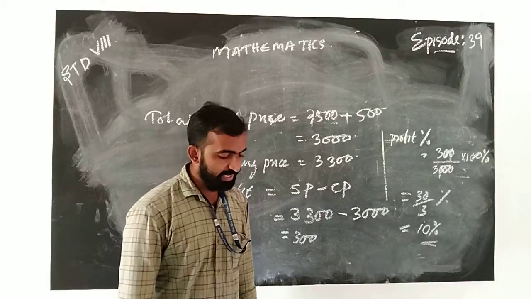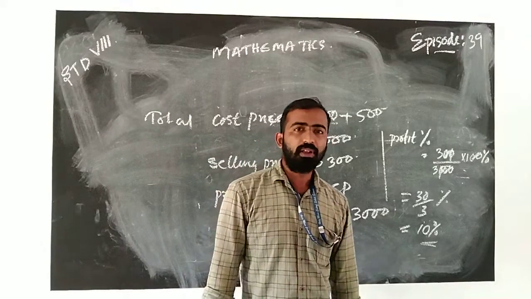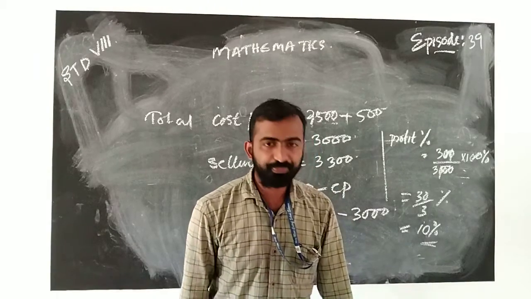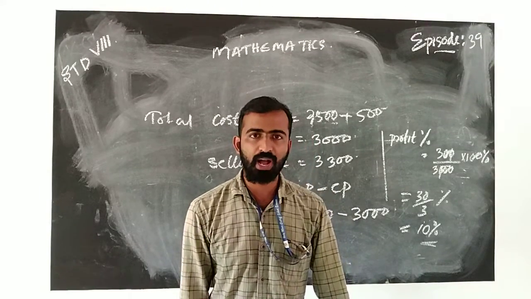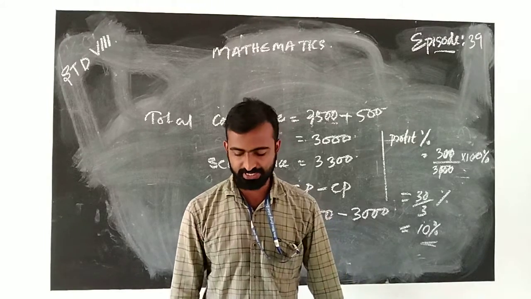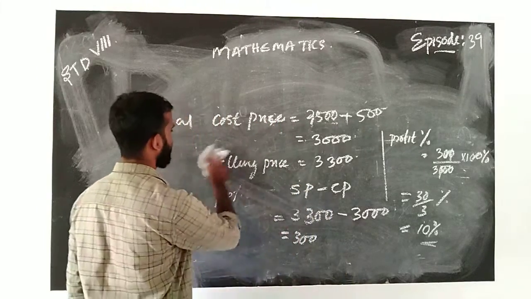Generally, profit percentage equals profit divided by cost price into 100%. What is our equation?